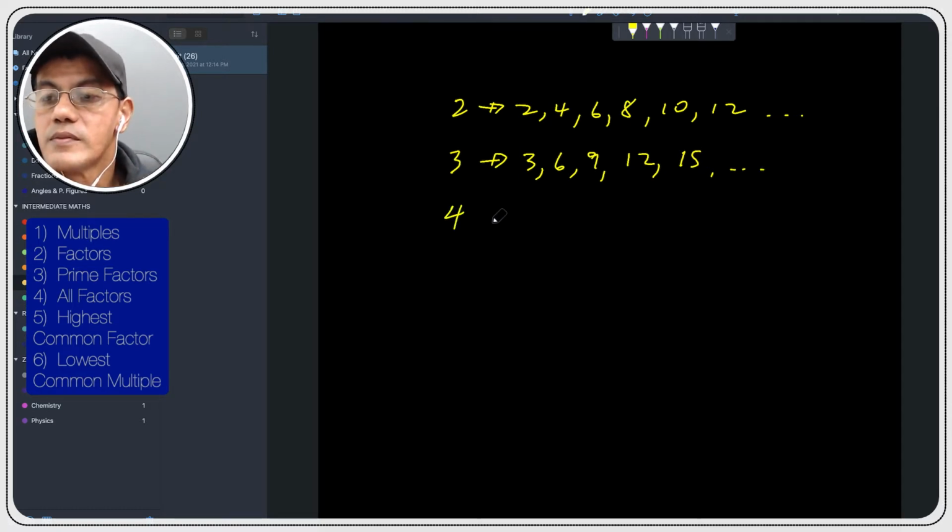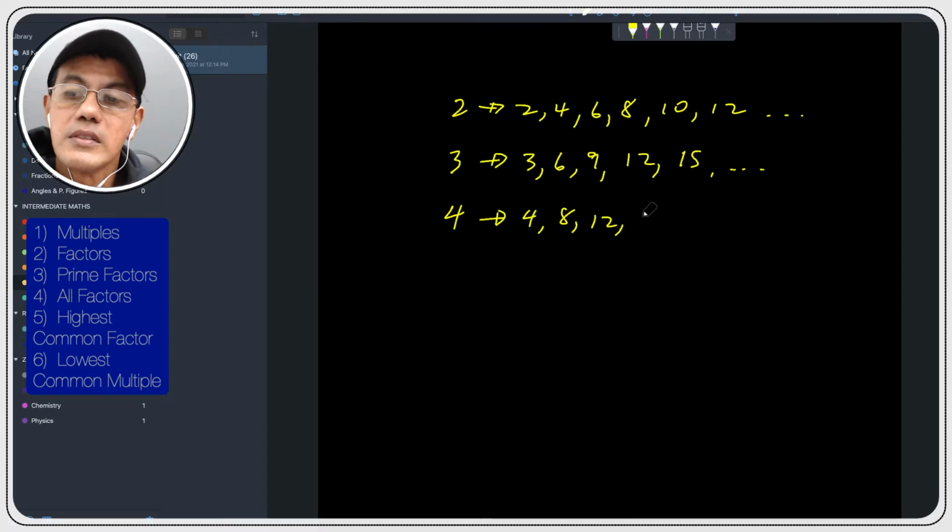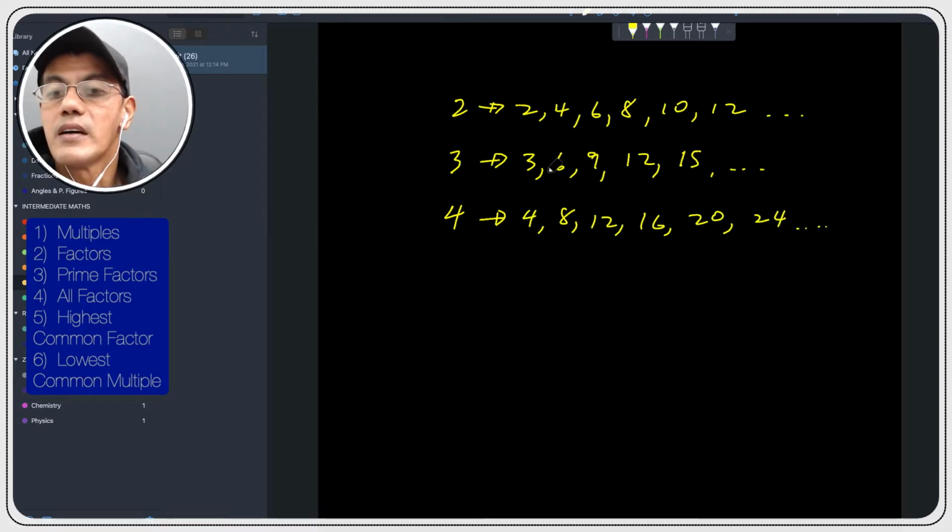Multiples of 4: 4, 8, 12, 16, 20, 24, etc. All right, so I think generally everybody got a good idea what multiples are.